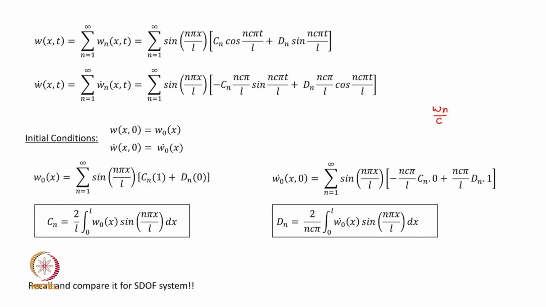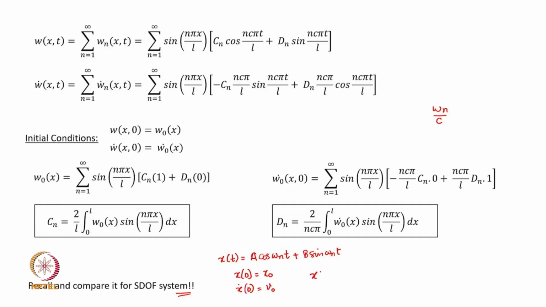Okay. Now you must understand that if you compare this with a single degree of freedom system, what did we have? x of t was written as, let's say, a cos omega n t plus b sine omega n t, isn't it? That's the single degree of freedom general vibratory response. Then we substituted the initial conditions that at time t equal to 0, this is x naught, and x dot at time t equal to 0 is v naught, right?